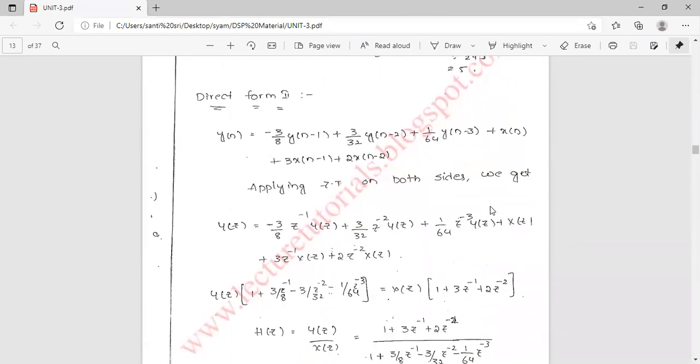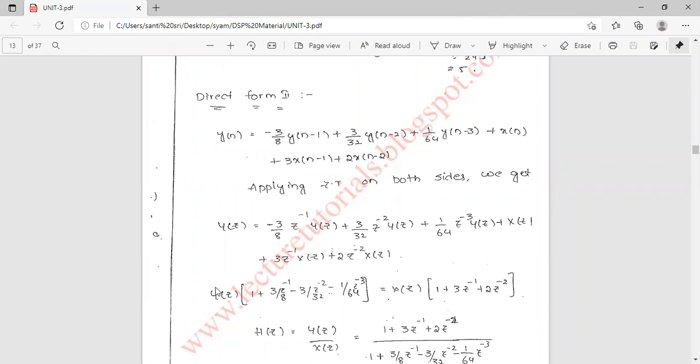Coming to the direct form 2 realization technique. Here we have to apply the Z transform on both sides, so that Y of z will become minus 3 by 8 into z power minus 1 into Y of z plus 3 by 32 into z power minus 2 into Y of z plus 1 by 64 into z power minus 3 into Y of z plus X of z plus 3 into z power minus 1 into X of z plus 2 into z power minus 2 into X of z.